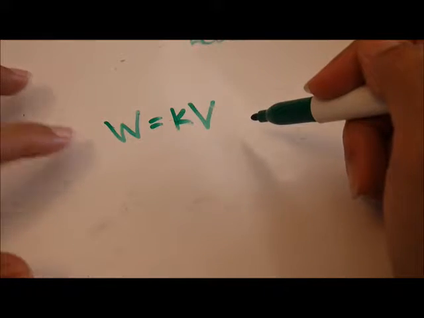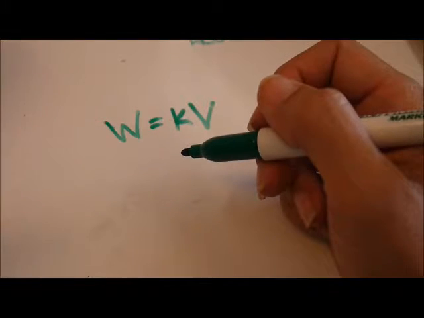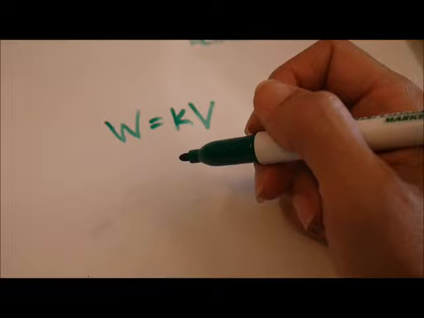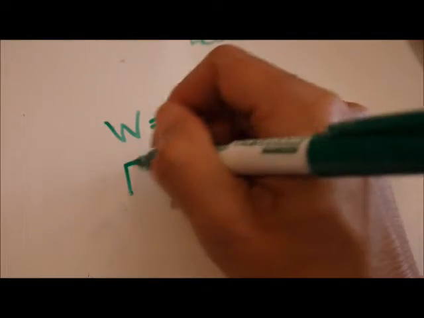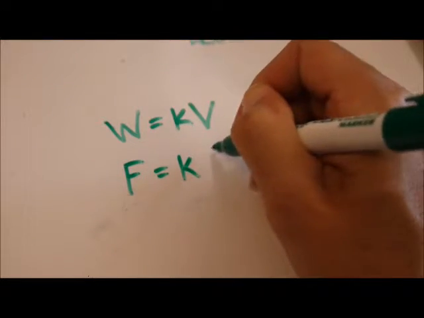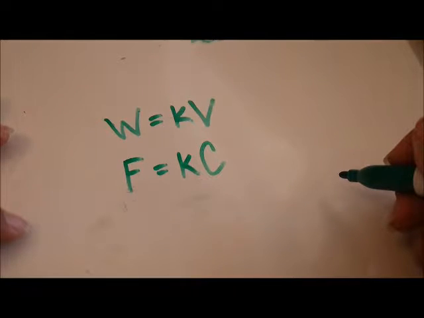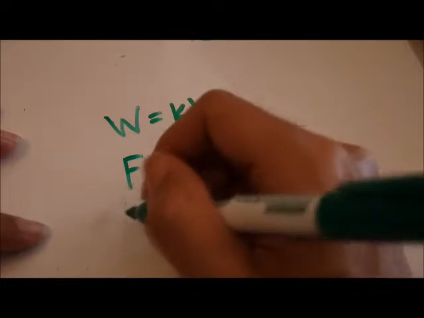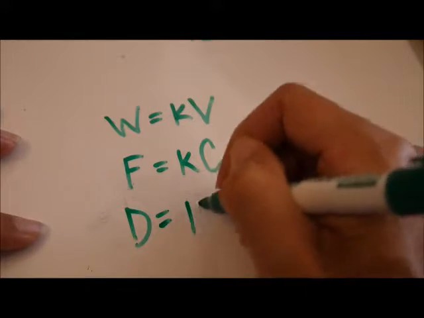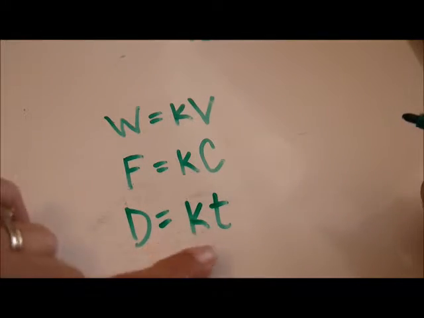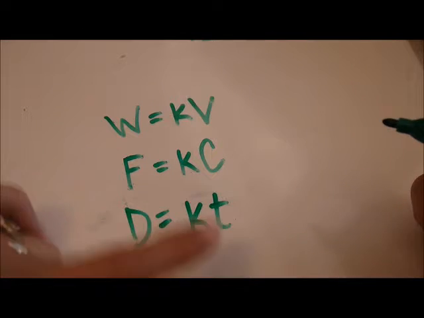So you read a statement and you can write out an equation. We might hear force varies directly as the current. Force varies directly as the current. Or the distance traveled varies directly as the time. We've kind of seen that before. It's usually an R. Okay.